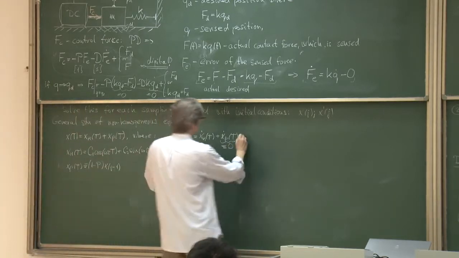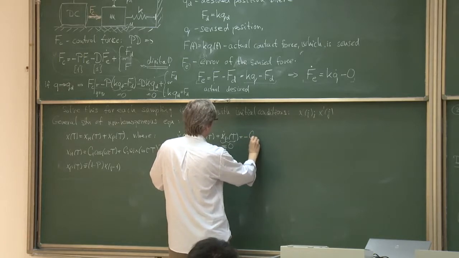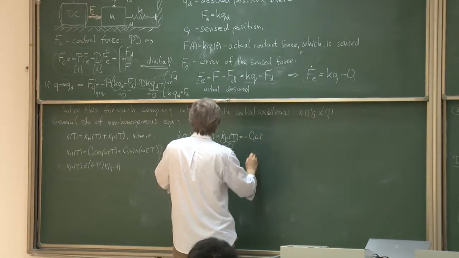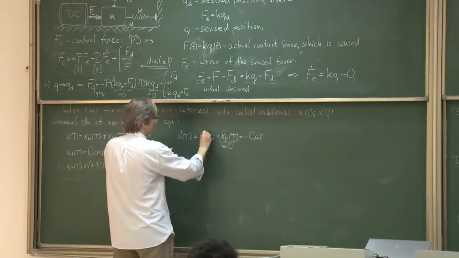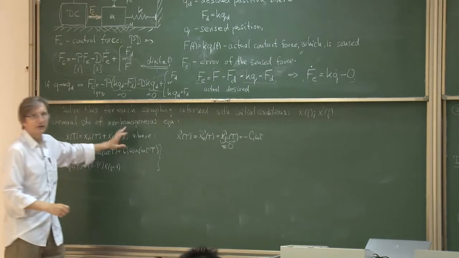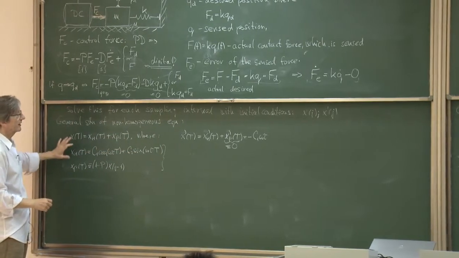So it will be simply minus C1 times omega tau, sorry, it's prime, okay? These are all derivatives with respect to the dimensionless time, okay?